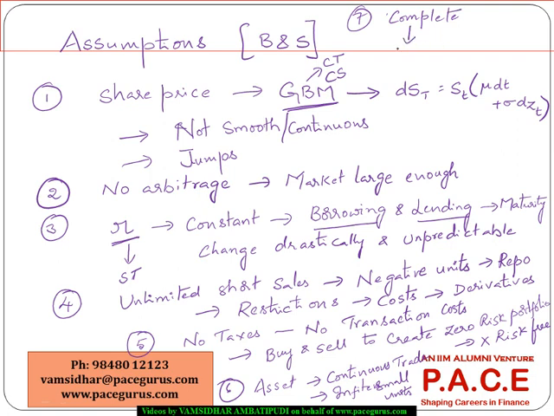Any derivative which we are talking of, whatever payoff can be associated with the derivative, I can replicate that payoff quite comfortably using the stock and cash. So when I am saying the market is complete, I am able to replicate the payoff of the derivative quite comfortably.